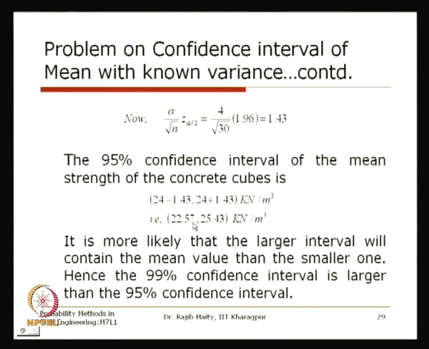So 22.57 and 25.43 kilonewton per meter square. Sorry, this is the density, so it is kilonewton per meter cube only.